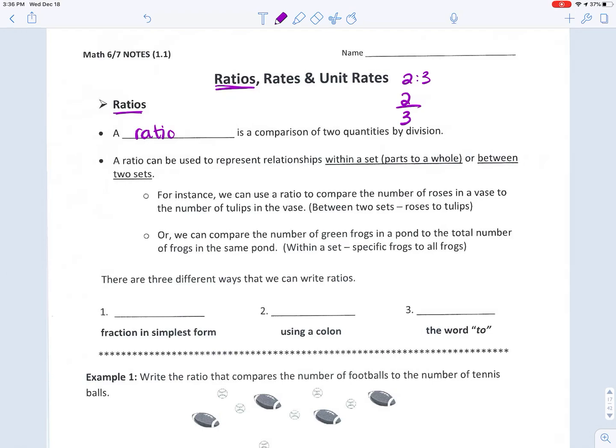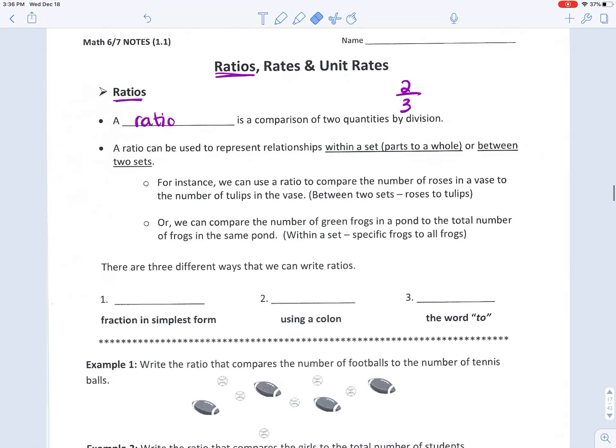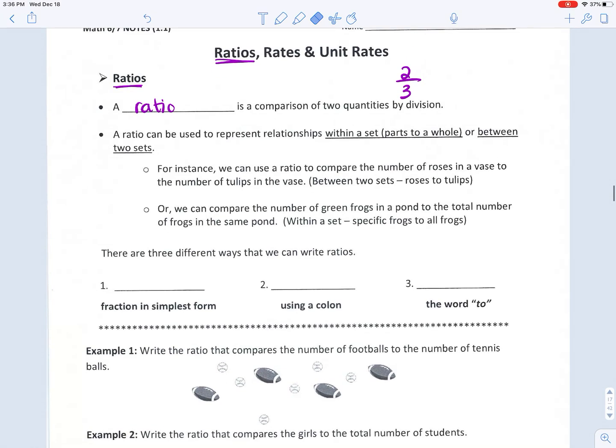Now I want you guys to remember that fractions are just division problems. I would read this fraction as 2 divided by 3. The numerator divided by the denominator. So I could translate this to 2 divided by 3. That's all a fraction is. So when they say a ratio is a comparison of two quantities by division, they're probably referring to a ratio written as a fraction, which is 2 to 3. Okay, so don't be confused by that.